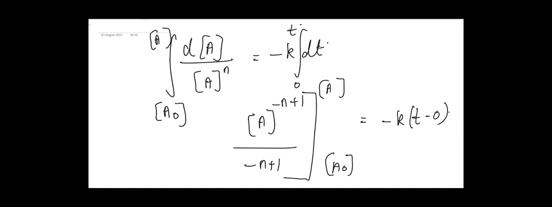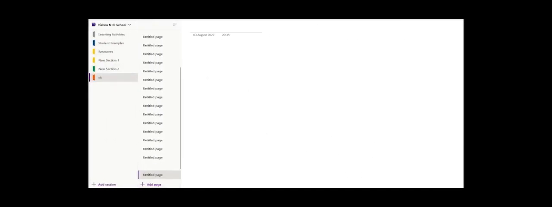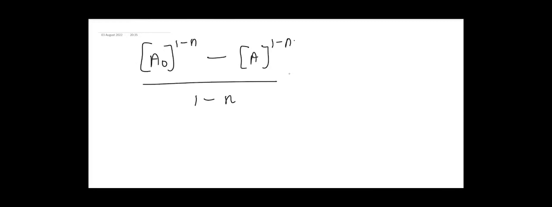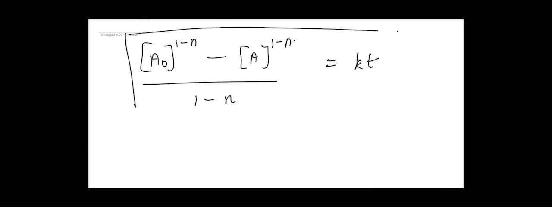So now simplifying this relation we get a naught to the power 1 minus n minus a to the power 1 minus n, divided by 1 minus n, is equal to k times t. So thus we have derived a general equation for any reaction whose order is n.